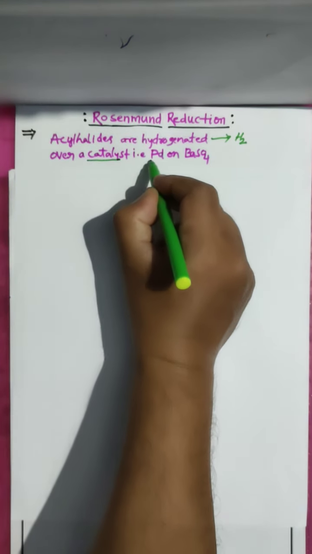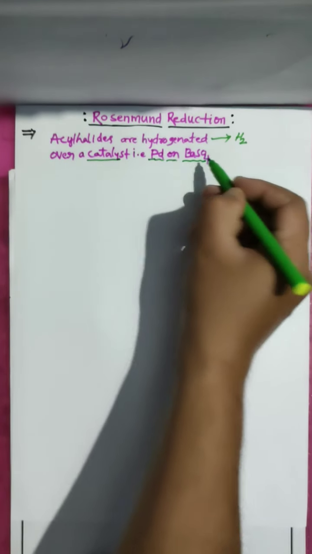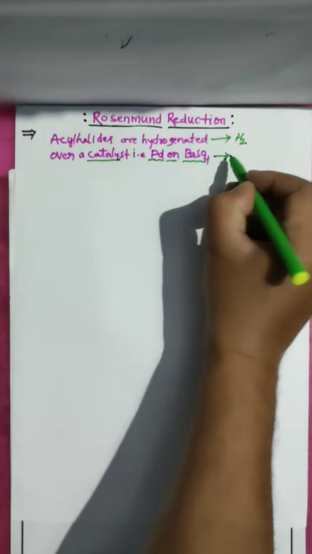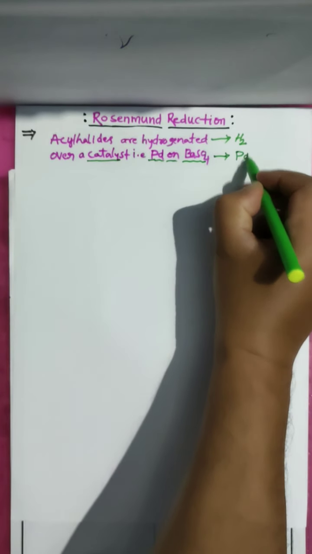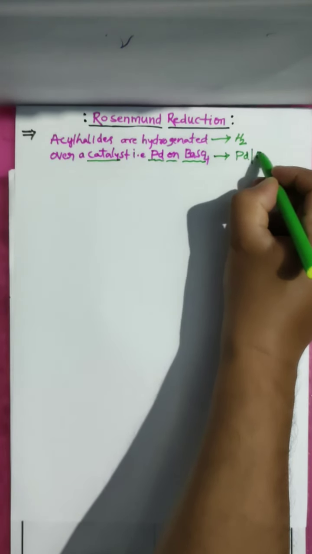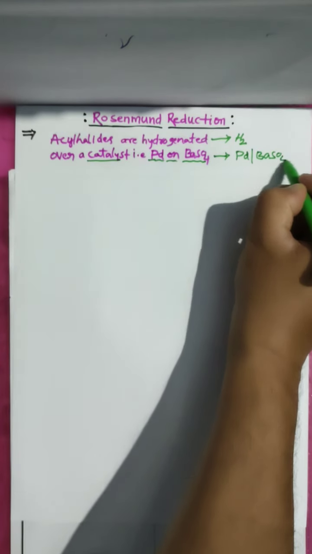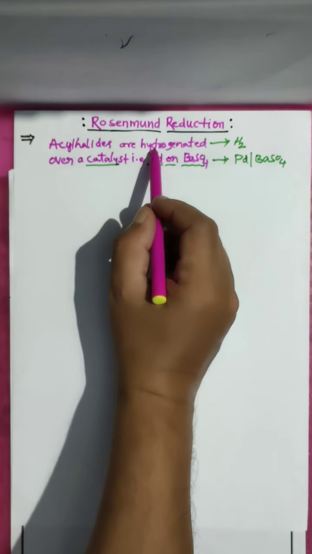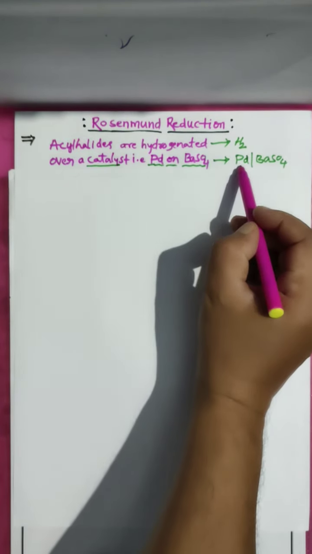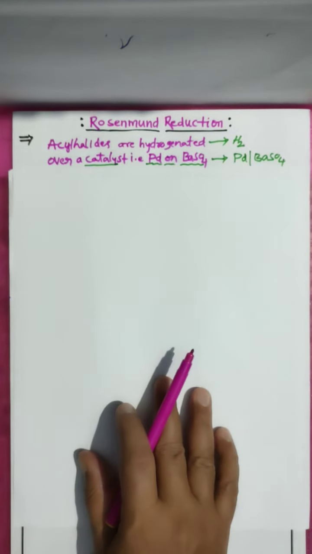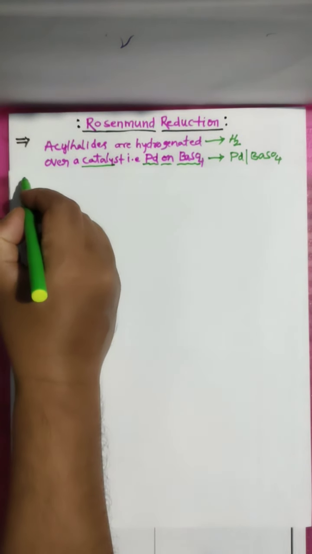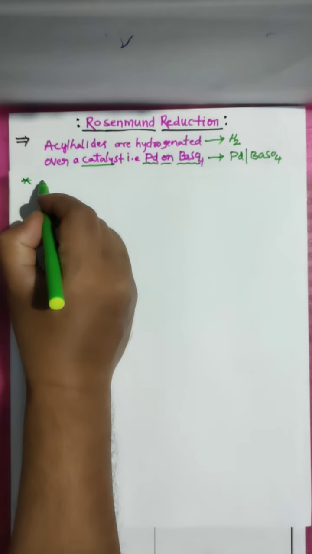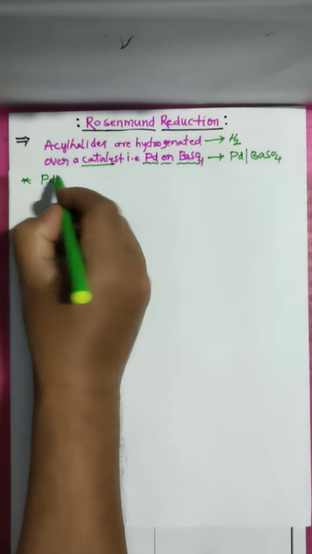So what catalyst are we using? Palladium on BaSO4, barium sulfate. So hydrogen gas for hydrogenation and catalyst palladium on barium sulfate. Let me discuss this palladium on barium sulfate.